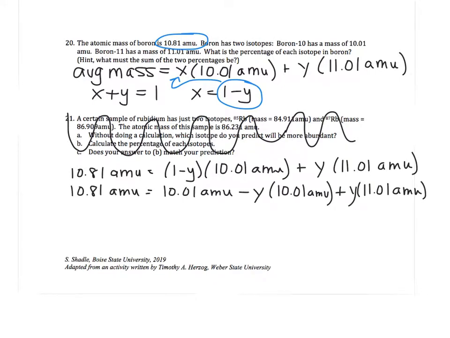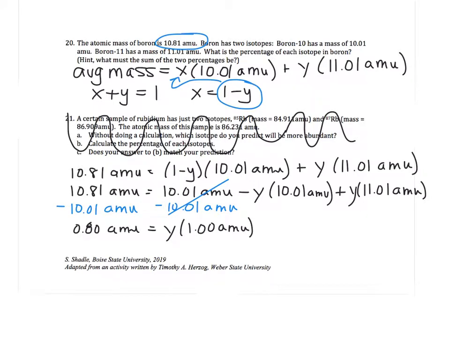So what I get is the average mass is now equal to 10.01 AMU minus y times 10.01 plus y times 11.01. So now I can combine these two terms that have y in them. And I can also combine the two terms that don't have y in them. In other words, I can subtract 10.01 from both sides. So I'm going to do that. Let me just show you how I'm going to set that up. I'm going to say minus 10.01 AMU here, which of course is going to allow that to disappear, and 10.01 AMU here.